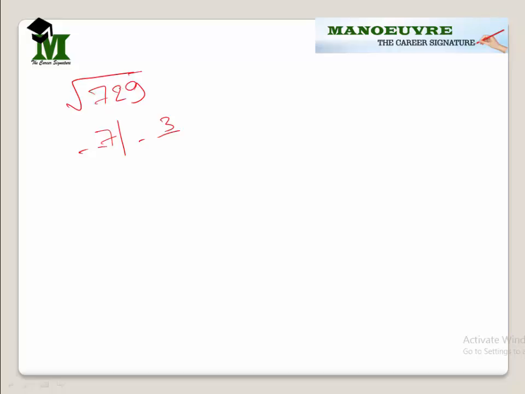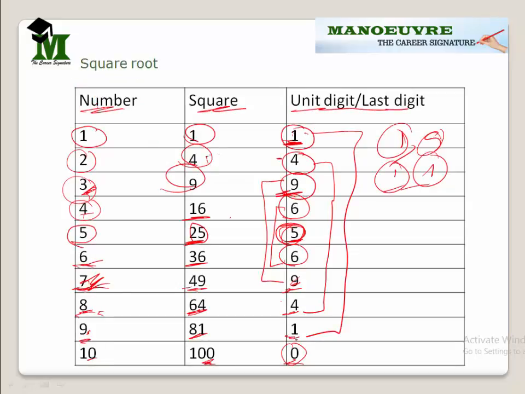Now you have to cancel these two digits and take the square root of the remaining number. 7 will come in between 4 and 9, but 9 is more than 7, so we can't take 9, whose square root is 3, so we can't take 3.